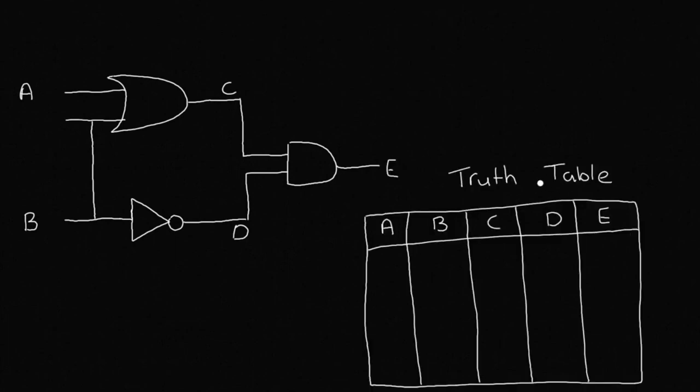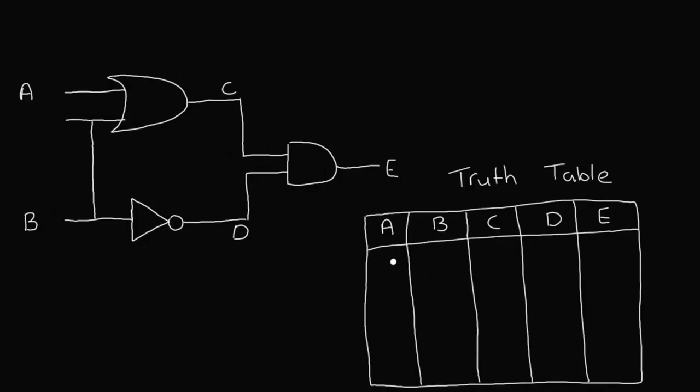So I've created my truth table here, and we can see we have 5 different values, A, B, C, D and E, and for us to start our calculations we need to have an input for A and B. So when we're given this truth table in an exam format or something like that, we'll be given some of these values initially.